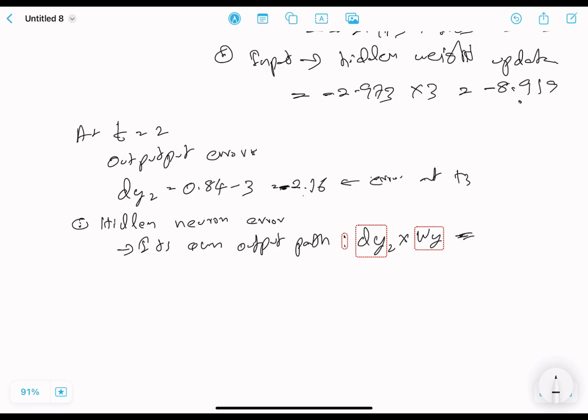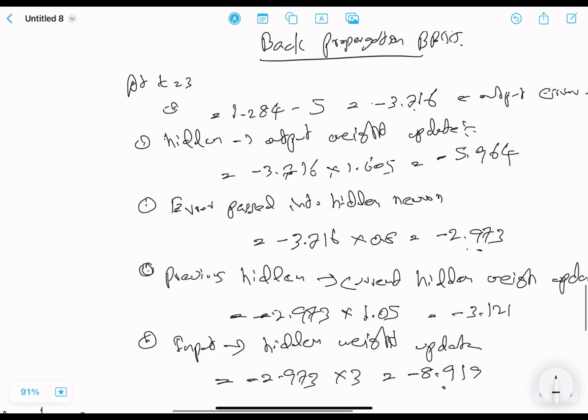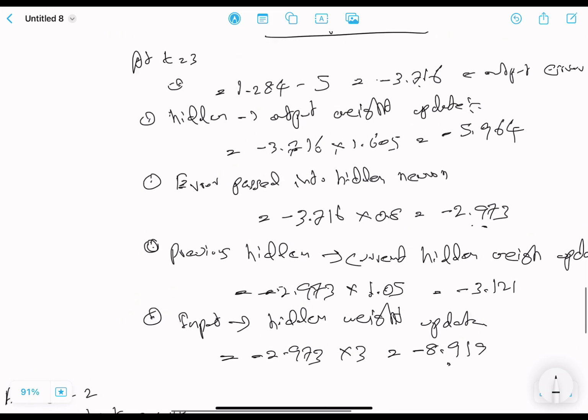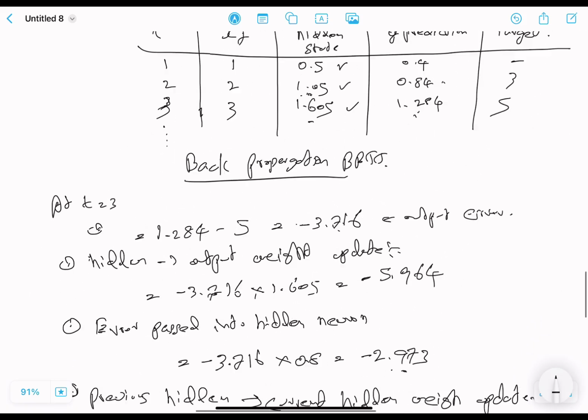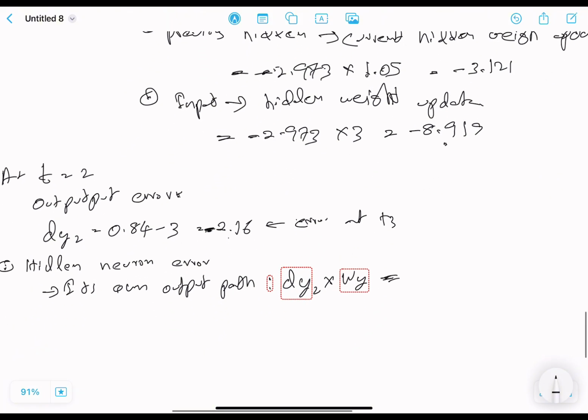So minus 2.16 into 0.8, which is minus 1.728, right?